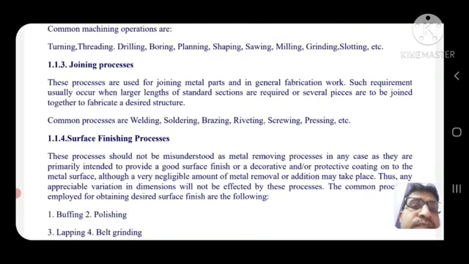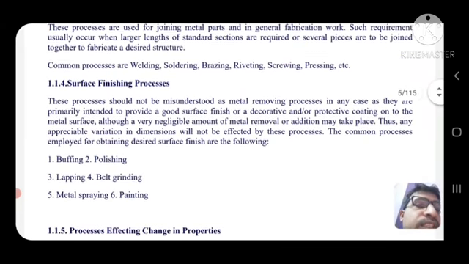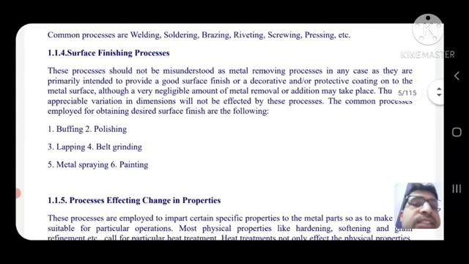Surface finishing processes. This process should not be misunderstood as a metal removing process in any case, as they are primarily intended to provide a good surface finish or a decorative and protective coating onto the metal surface.